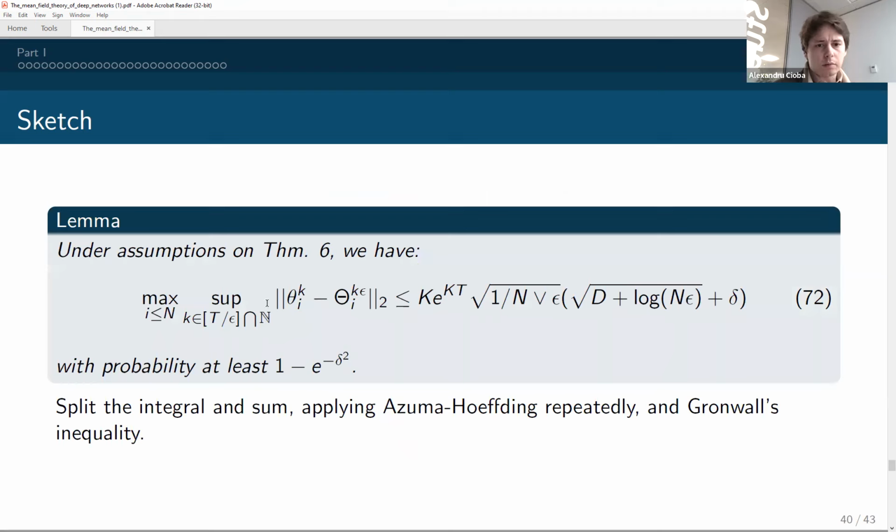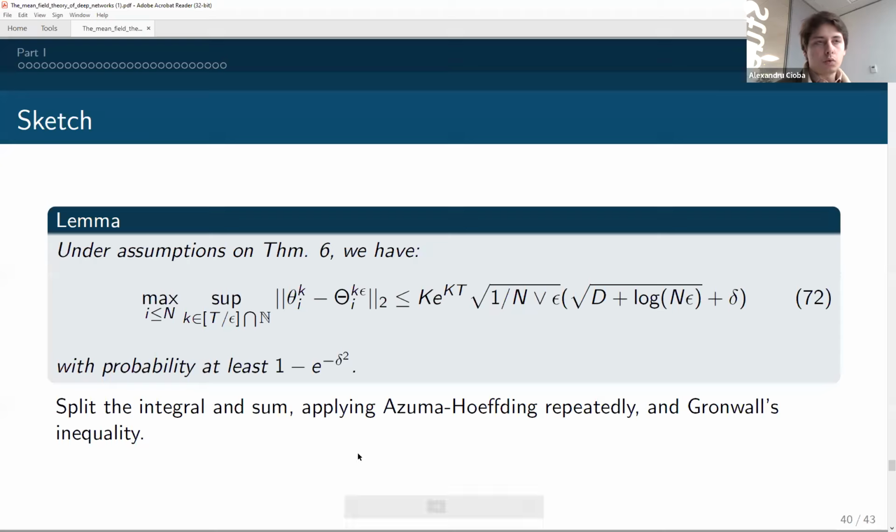So this looks like the right object, and it turns out to be the right object to consider. This is the central lemma behind the proof. Once you know that all of these solutions to the distributional dynamics exist, you can define this theta in that particular way, and you can bound the supremum over all time steps of the difference between the finite thing and the nonlinear dynamical process by something that looks like the error term that we're interested in, with high probability.